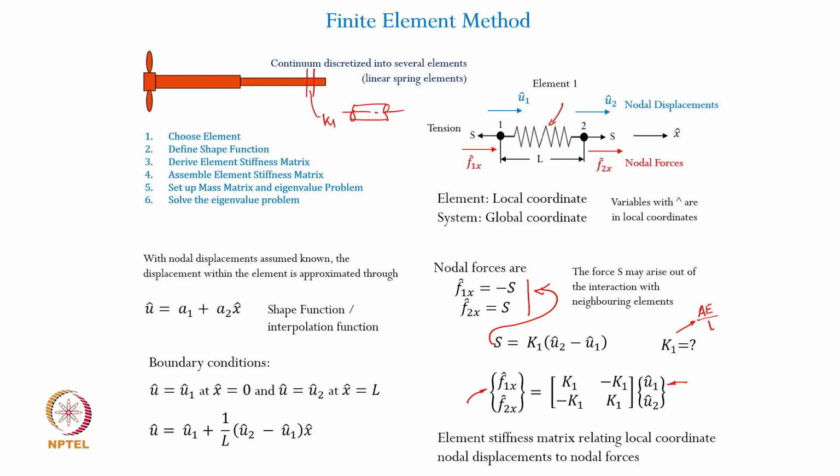That equation is basically relating the nodal forces to the nodal displacements in the local coordinate system or an elemental coordinate system, and that relationship is through the stiffness matrix, and that stiffness matrix is pertaining to that particular element, and therefore it is called the element stiffness matrix. This is for that particular segment.